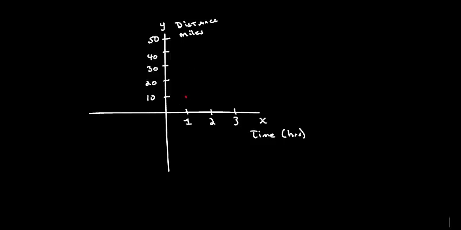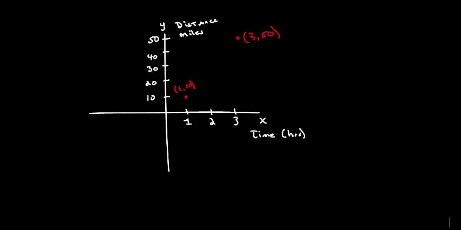At 1 hour, they're 10 miles away from home. Math doesn't have to be just about the numbers, it's about looking at relationships. So when we say (1, 10), what does that mean? That means that at 1 hour, we're 10 miles away from home. And let's say at 3 hours, we are 50 miles away from home, or that person is.